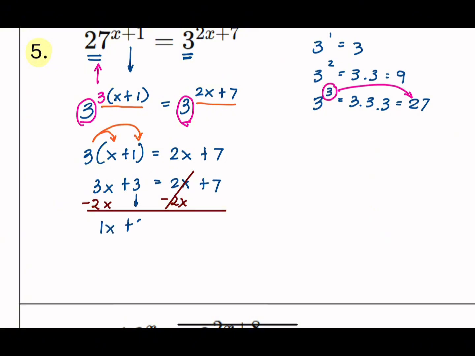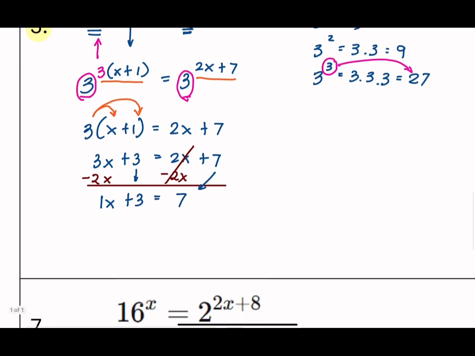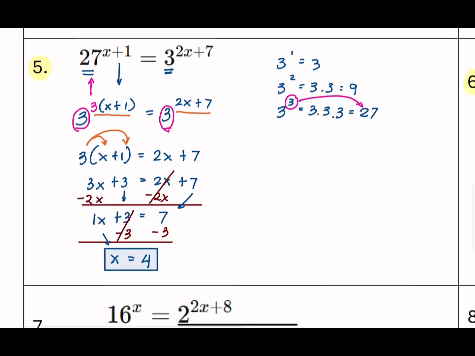Bring down 3, 1x or x, and then bring down 7. Now I have to cancel 3 here. Plus 3, the opposite is negative 3, so minus 3 on both sides, cancel, bring down. x is equal to 7 minus 3, which is 4. So the correct answer is x equals 4 for number 5.